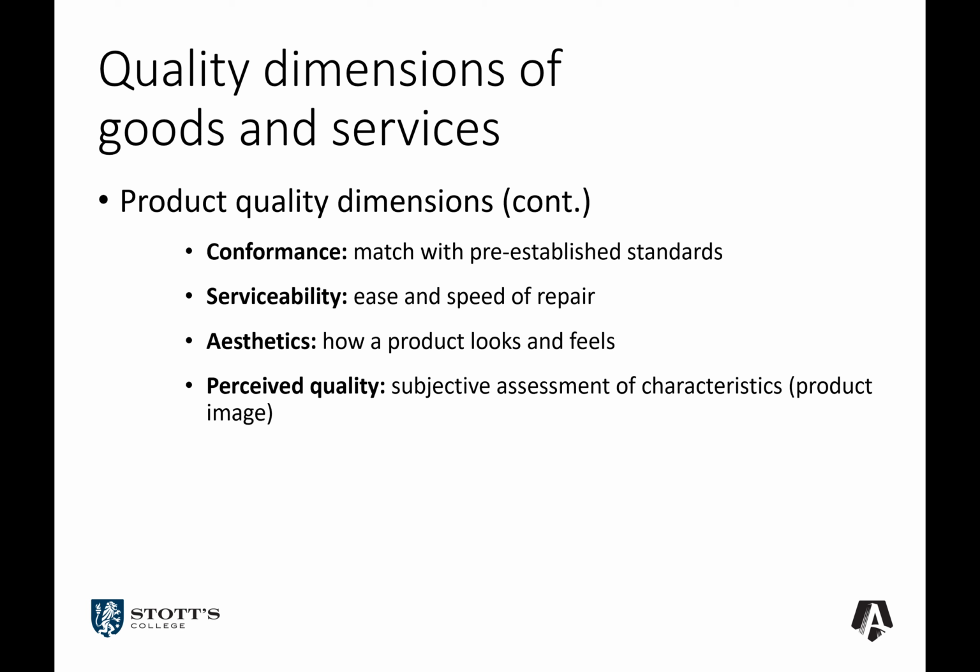The ease and speed of repair, the aesthetics, how the product looks and feels, and the perceived quality, the subjective assessment of the characteristics and the product image. And if we think again about Apple and Samsung, and Apple and Google, how those phones and how those services are perceived differently by different groups of people, we can see the dimensions of quality across all those areas.